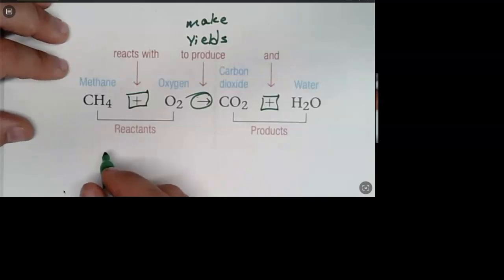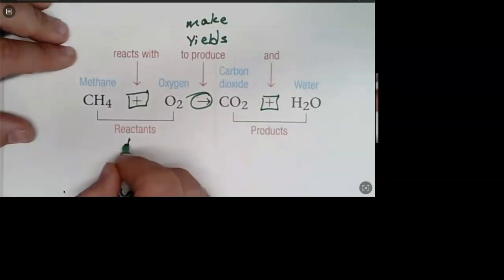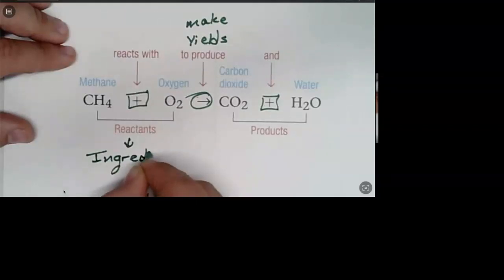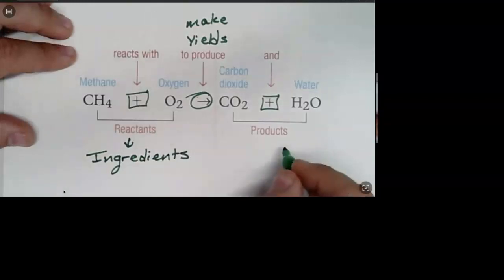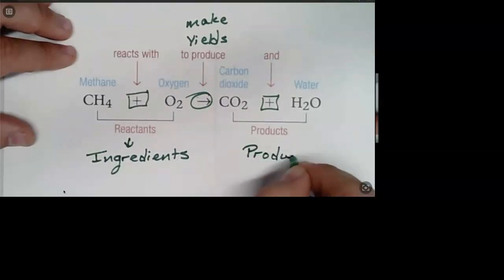If we think about a recipe, the reactants are the ingredients. The products are the finished product.